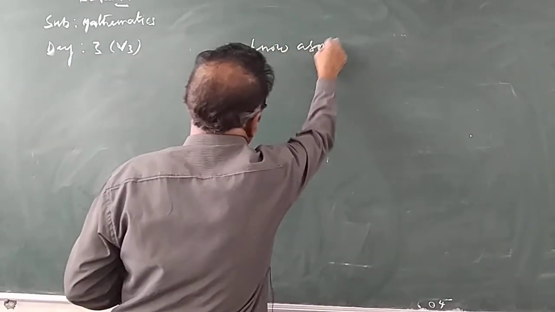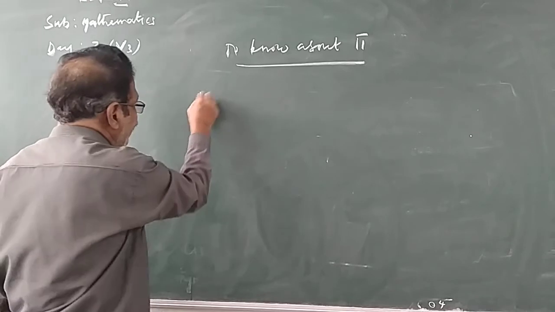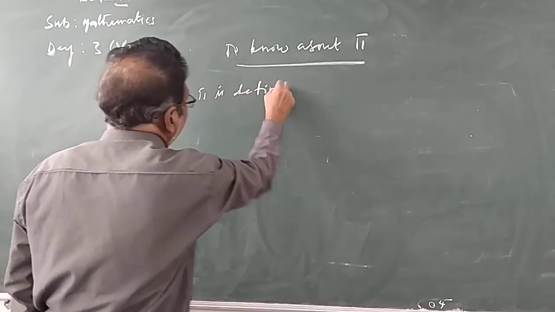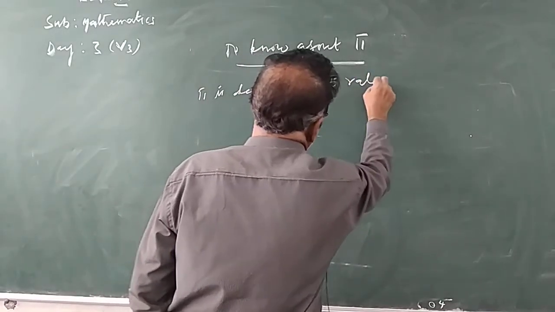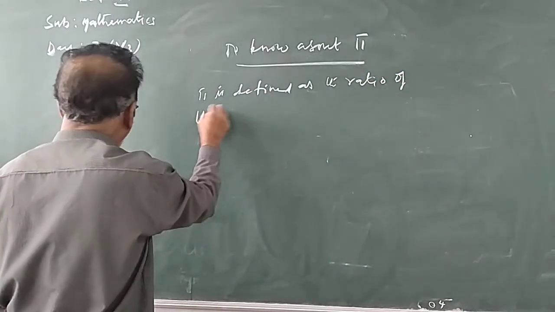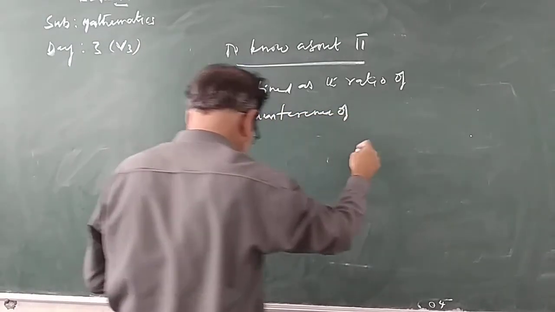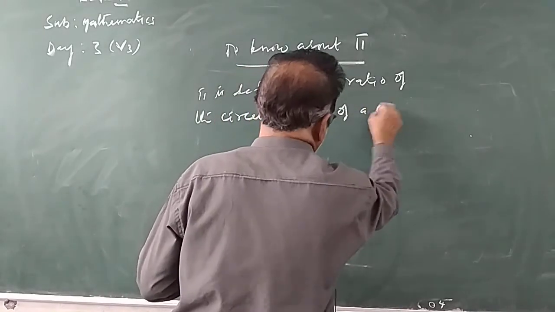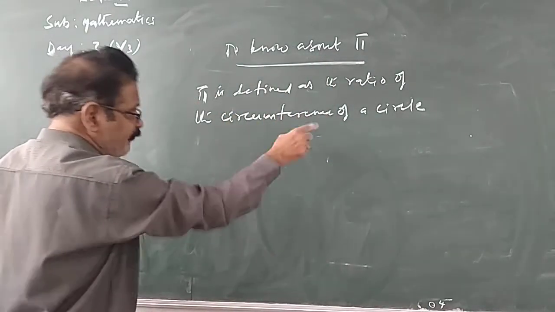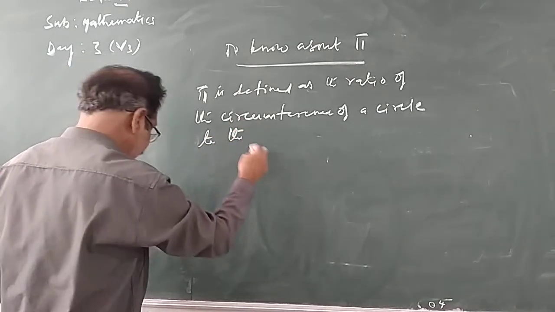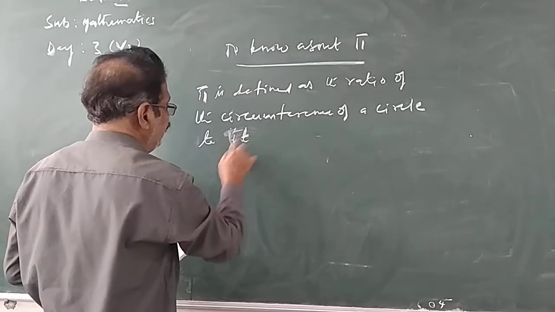To know about pi: pi is defined as the ratio of the circumference of a circle to its diameter.